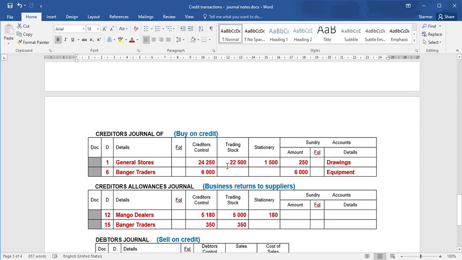Now the quickest way to calculate this amount is to say, if I got 10% discount, it means I bought for 90% of that. So you take 25,000 and you multiply by 90%. The stationery for office use goes under stationery, but the stationery for the owner's use is going to get recorded in drawings. Now those three amounts added together will give you the total that we owe General Stores on that day.